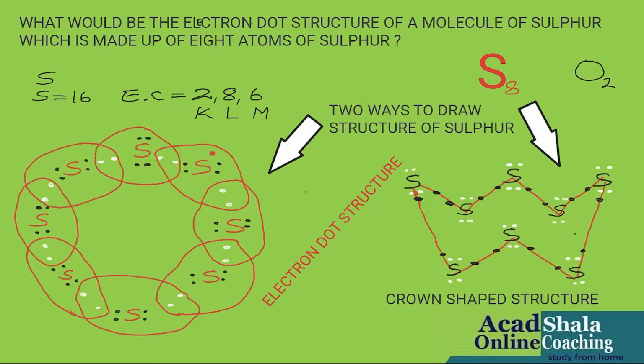Clear? Now students, as sulfur has 8 atoms, the best way to draw this diagram is to place the sulfur atoms first. You will write down one sulfur over here and then another sulfur in front of it.